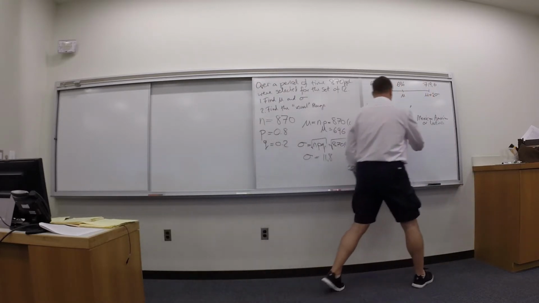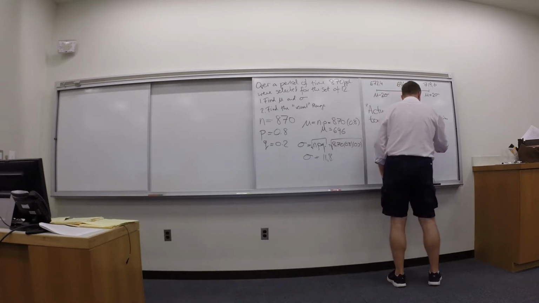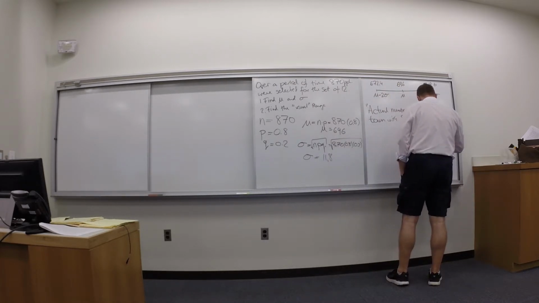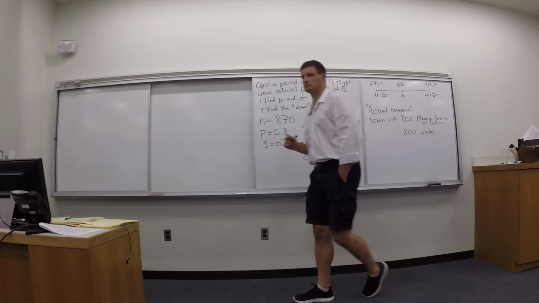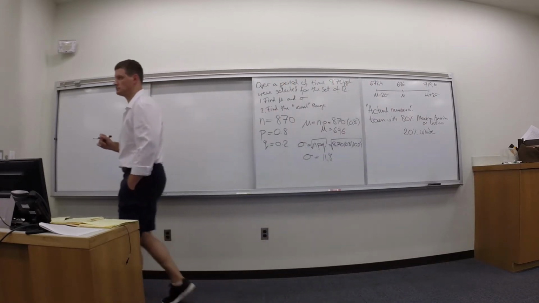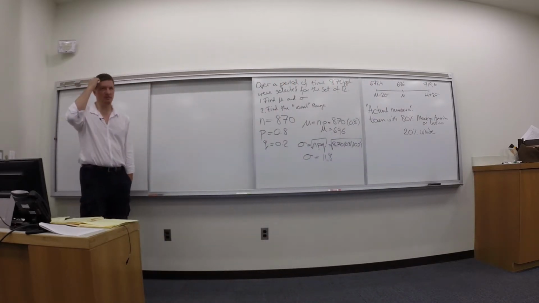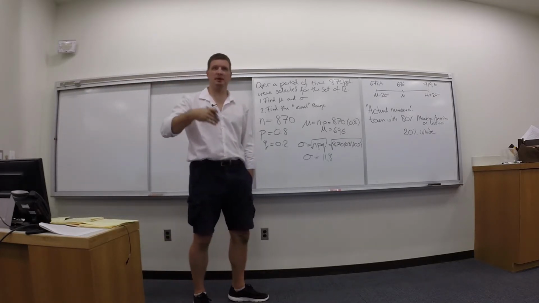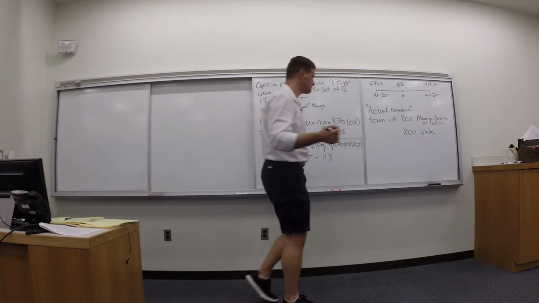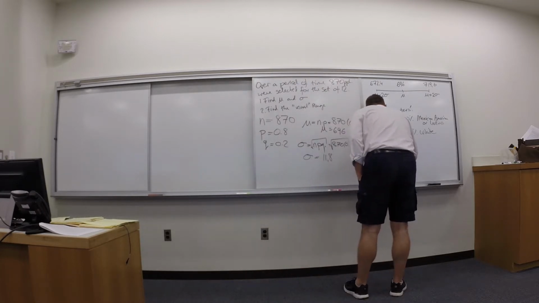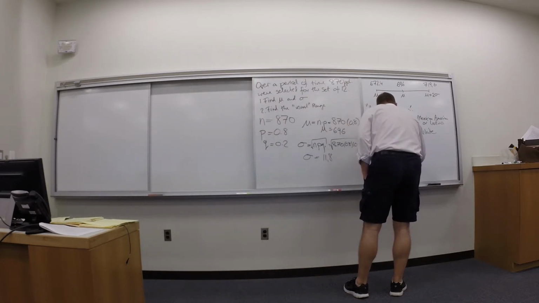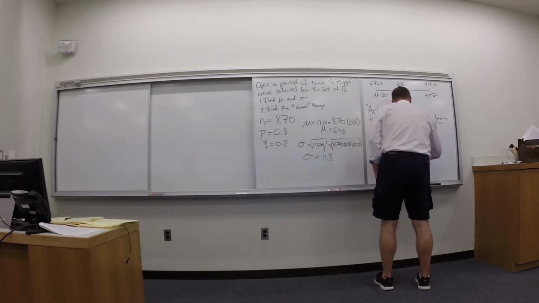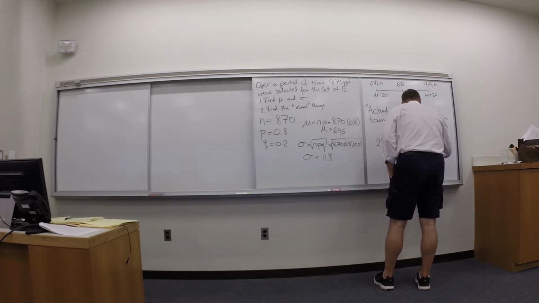And let's say 20% being white. Let's say we have a town like this. And what happens if I told you that over 10 years they picked 870 jurors and 275 of them were Mexican Americans or Latino?